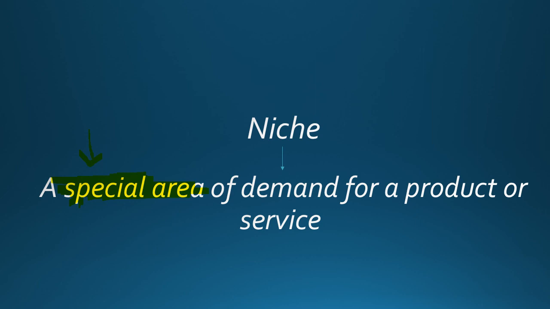And this special area, this defined area, has special needs and defined needs, and eventually there's a demand for products and or services within that very same niche. So a niche should be specialized, one, and there should be a demand for a product and or service.